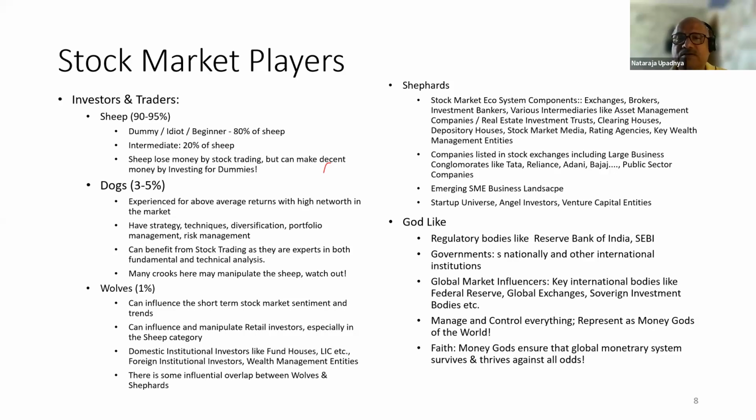Then global market influencers can come from global exchanges, sovereign investment bodies, etc. And so these guys even dictate the global economy and global sentiment of the stock markets. So need to keep an eye. So the macroeconomic trends are also influenced by these people.